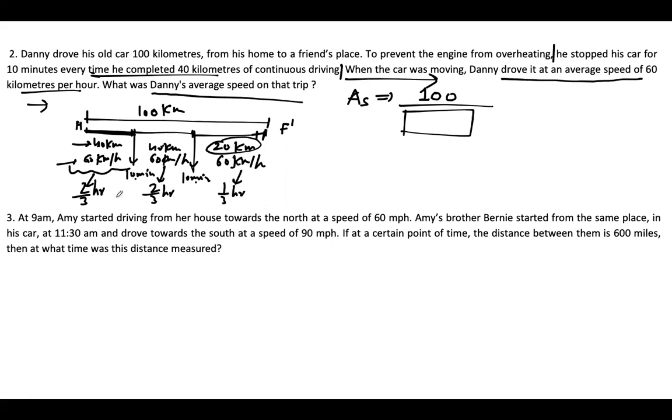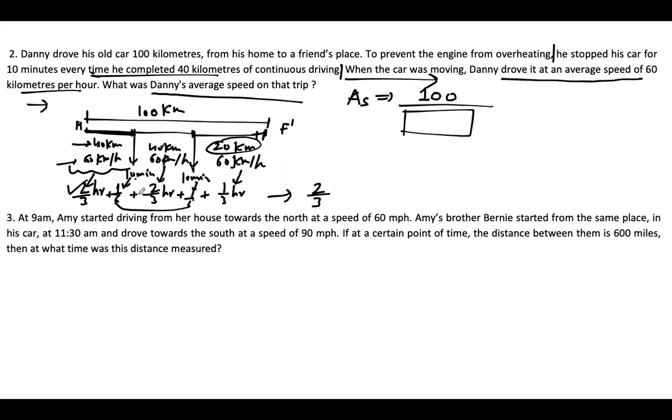So time taken is 2 by 3 plus 2 by 3, and 10 minutes in hours would be 1 by 6. 1 by 6 plus 1 by 6 is 2 by 6, which is 1 by 3.